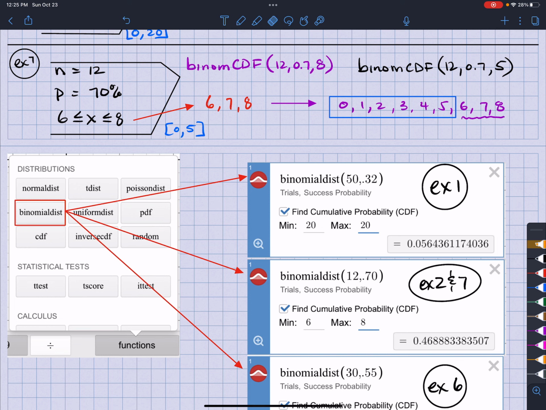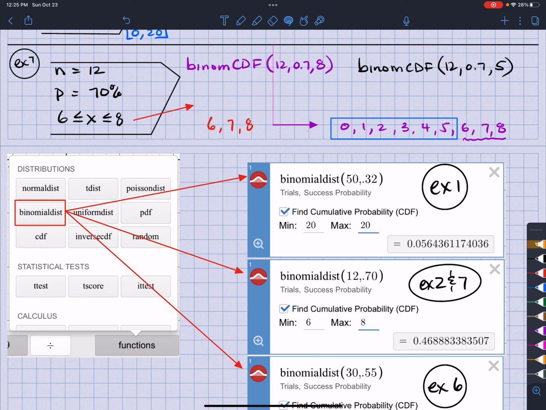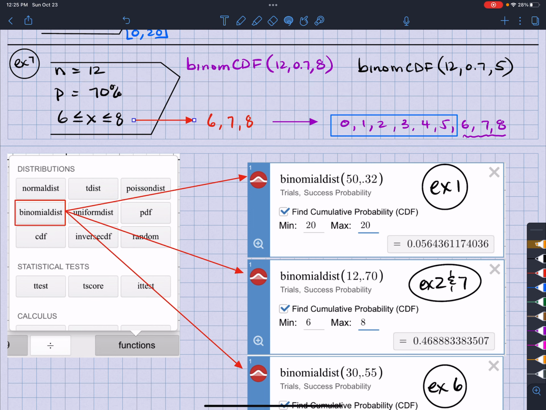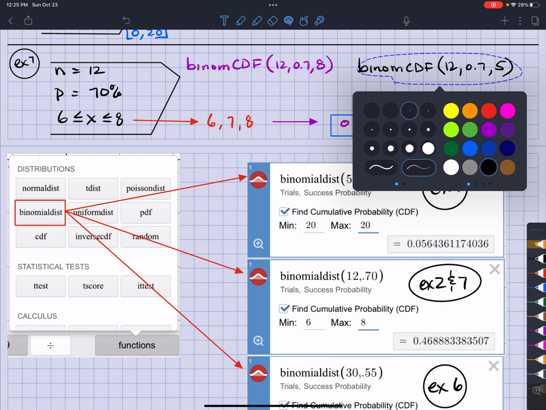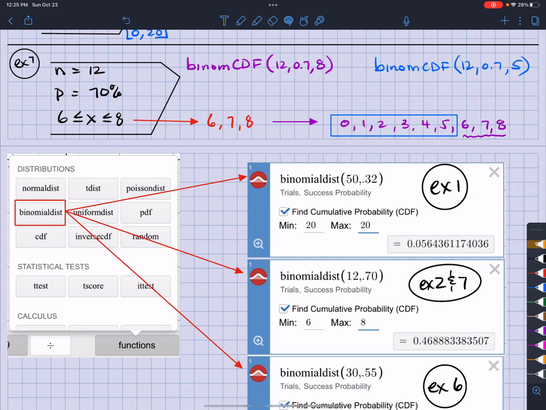So I can actually erase this as well and bring this whole thing down a notch, right to here. Okay, so this right here should be everything in blue that I just highlighted. And I would just subtract these two, because this is going to give me everything from 0 to 8.